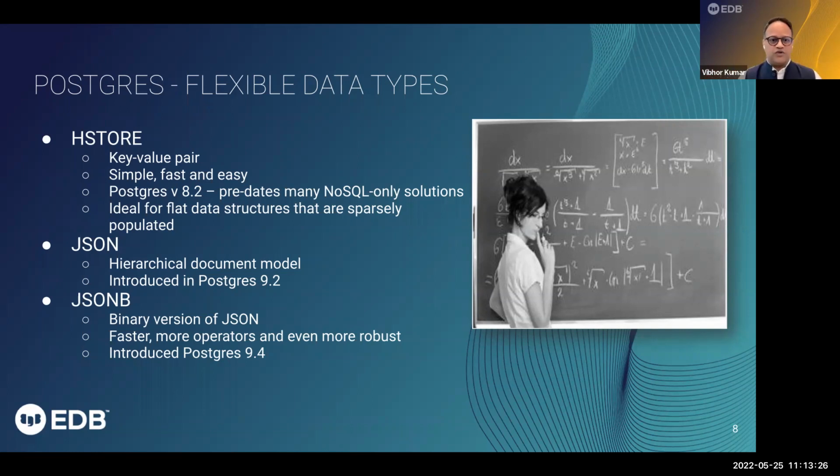With this, it also gives you multiple operators, and with the operators there are indexing capabilities which you can use to access those JSON documents stored in Postgres faster. And this version, JSONB, was introduced in 9.4. Again, the first JSON came into Postgres in version 9.2, which was just a kind of JSON validation on a text data type. And then JSONB is a more advanced version of the JSON data type.